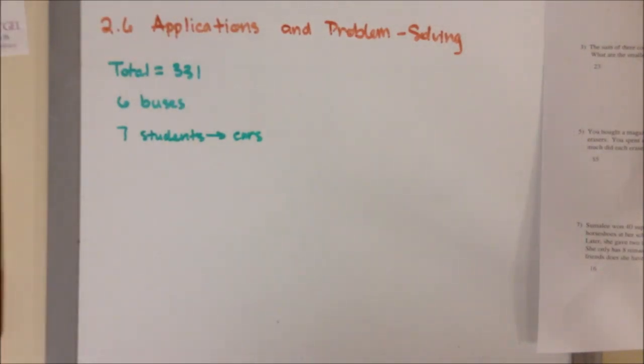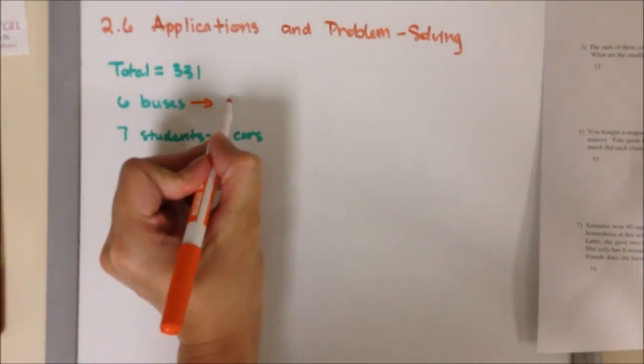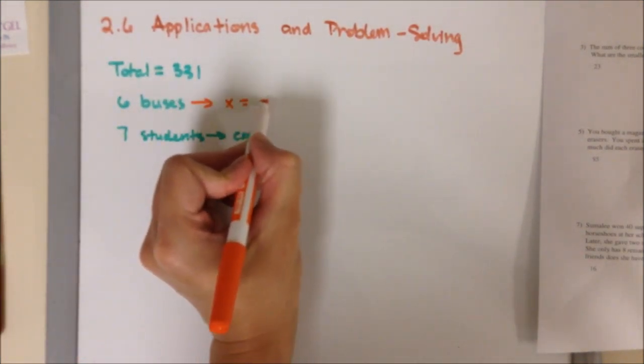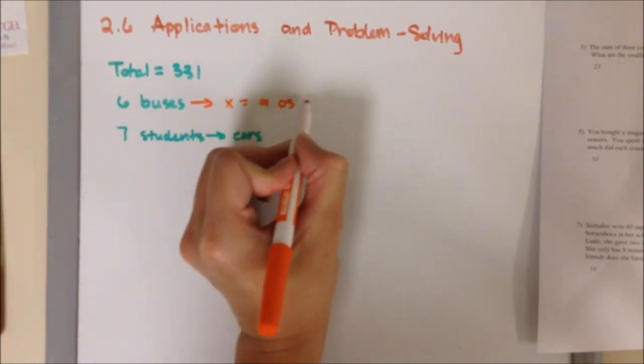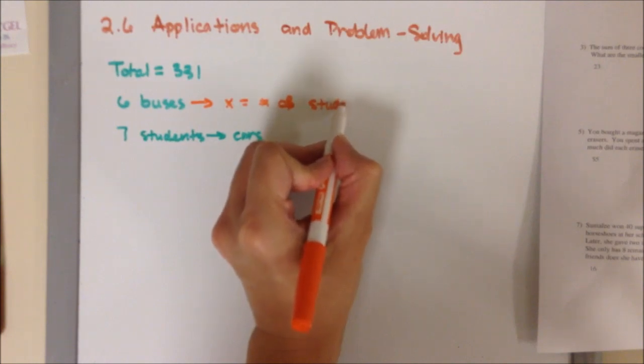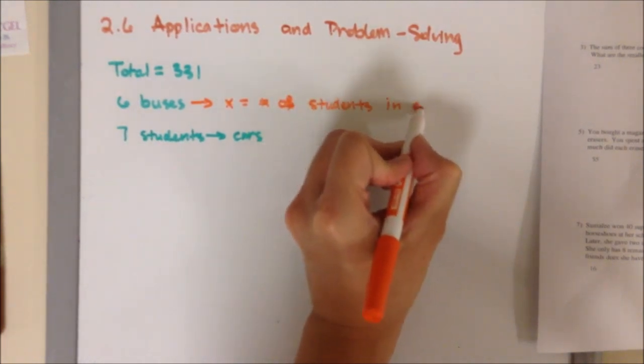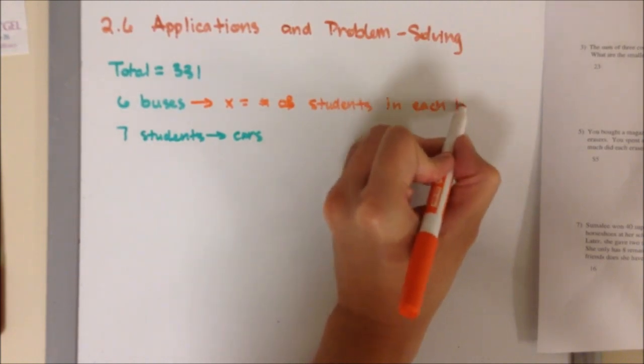It asks how many students were in each bus. We know that there were 6 buses, but we don't know how many students were in each bus. So I'm going to label that X is the number of students in each bus.